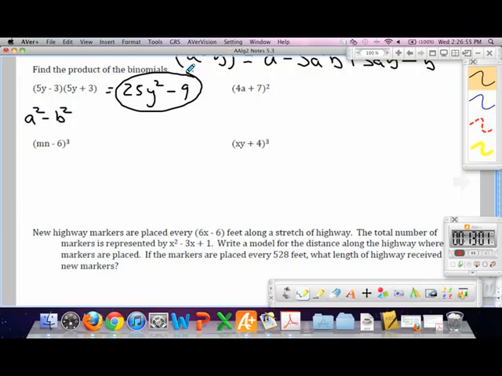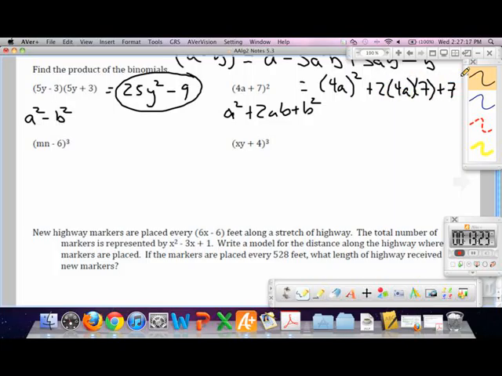So this better be 4a squared plus 2 times 4a times 7 plus 7 squared, which is 16a squared. 2 times 4 times 7 is 56a plus 49. 2 times 4 is 8, 8 times 7 is 56.